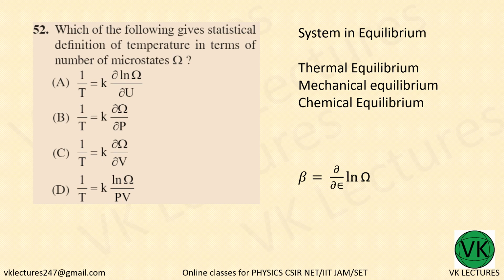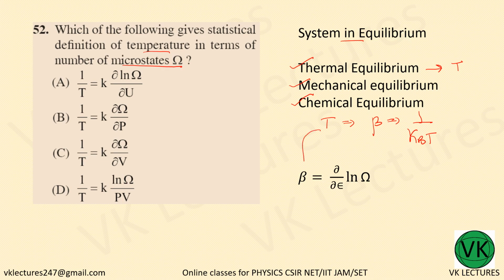Which of the following gives statistical definition of temperature in terms of microstate omega? Now a system is said to be in equilibrium when it has attained thermal equilibrium, mechanical equilibrium as well as chemical equilibrium. Thermal equilibrium means temperature is constant, or you can also write beta constant. Beta means 1 divided by kBT.